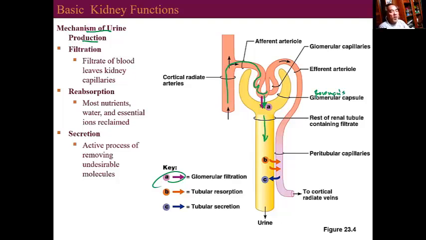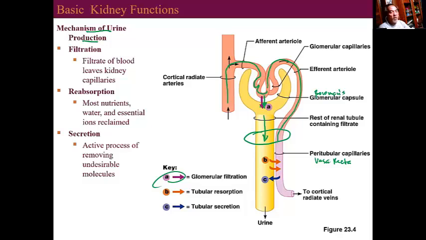But some of the waste cannot be filtered out into the glomerulus, so it still goes out into the efferent arteriole. These are the vessels that wrap around the tubules, called the peritubular capillaries and the vasa recta. Why do they still wrap around the tubule? Because some of the waste is still inside these vessels, the peritubular capillaries.